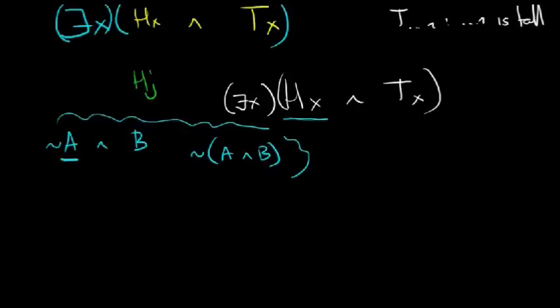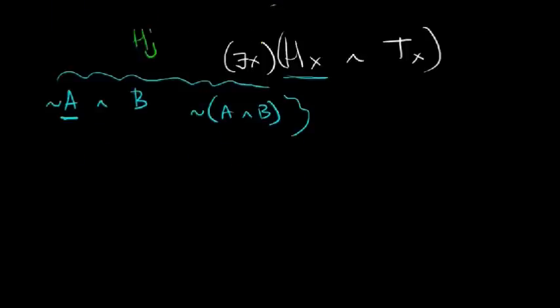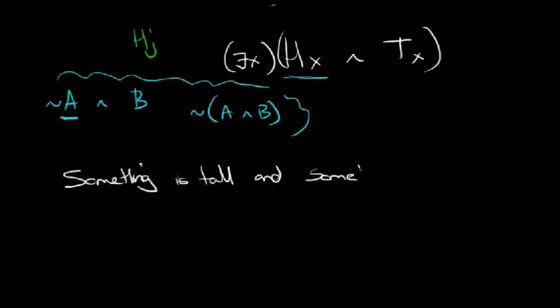Okay, so another thing to think about, we'll move on to something else in just a second, is when we need to use more than one variable. So suppose we have: something is tall and something is happy. Suppose we were going through and analysing what we need to do to translate this.